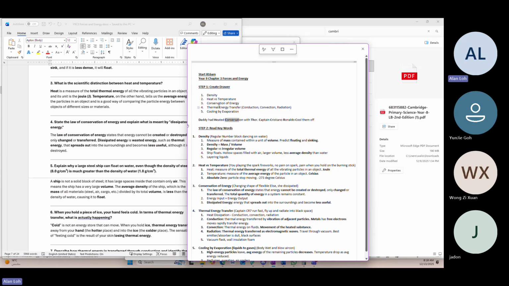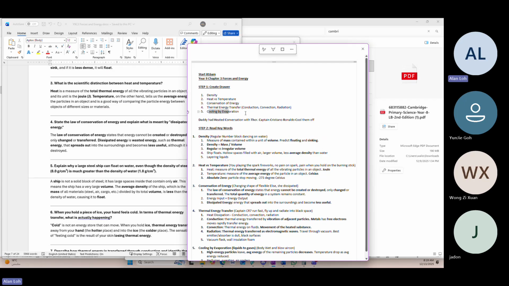Conversation sounds like conservation, so that is linked with the number 3 drawer. Thor also starts with the letters TH, and sounds a bit like thermal energy transfer. Captain Cristiano Ronaldo represents conduction, convection, and radiation, CCR. Cool them off represents cooling by evaporation.